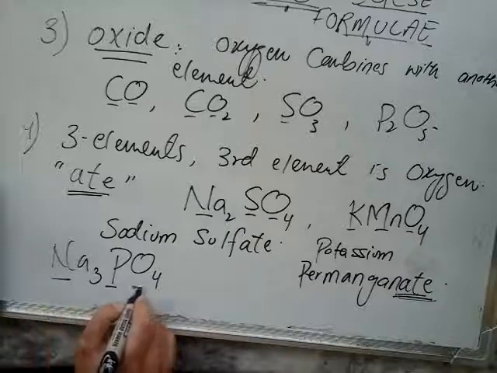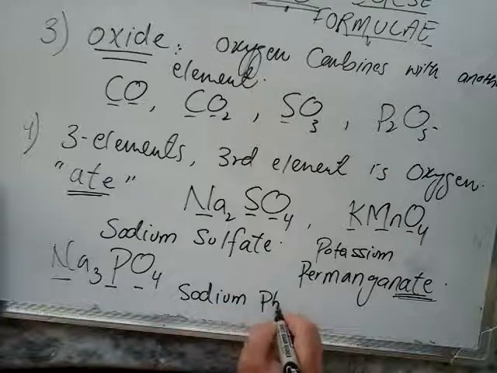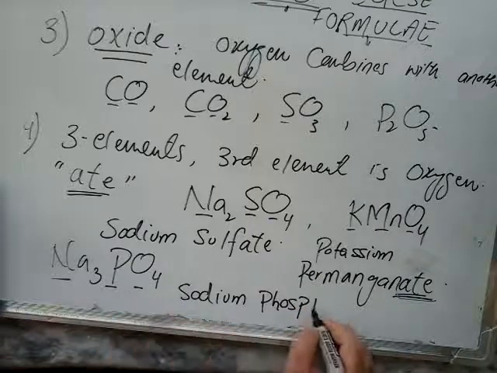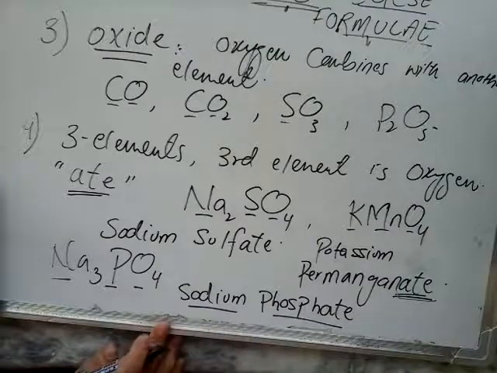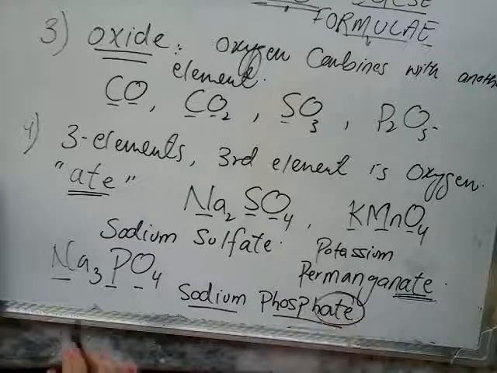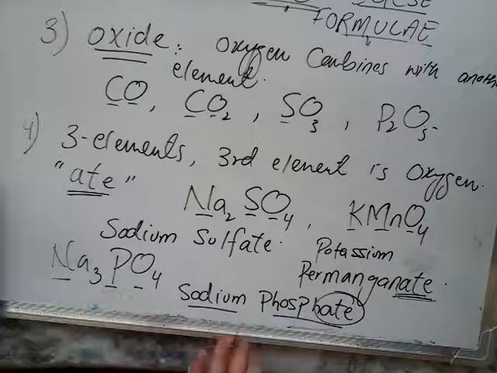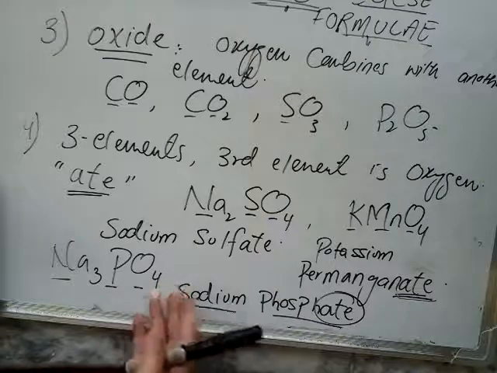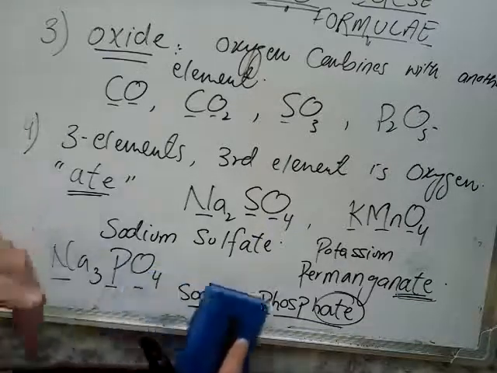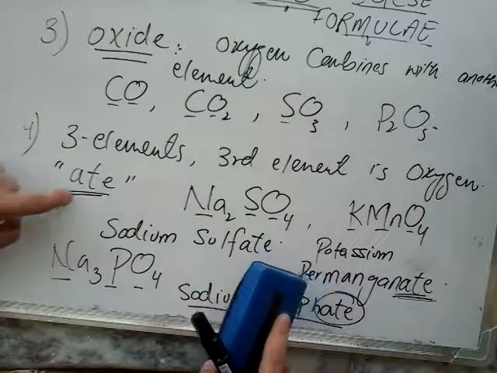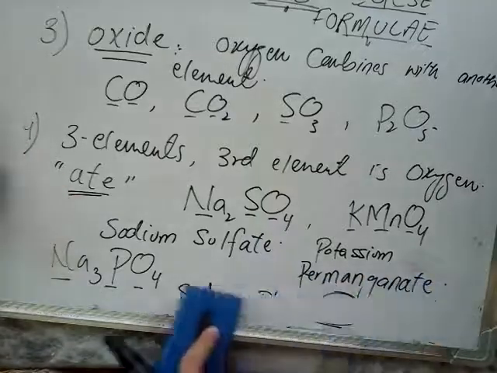Three types of elements, so we will write the name as sodium phosphate. Is that clear? So 'ate' means that in this compound three elements are present and the third element is oxygen. The number of atoms may differ. So this is how we use the terminology 'ate'. We add the suffix 'ate' in this type of compounds.